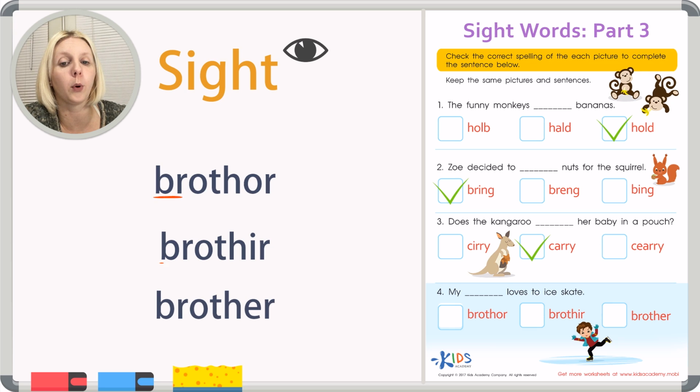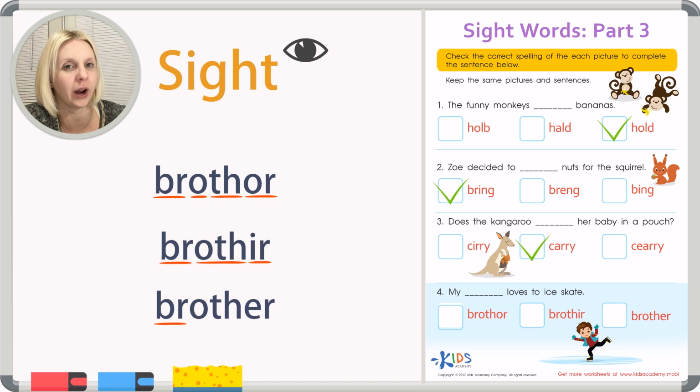Okay, so let's go through these. All of these have the brr sound at the beginning, BR, burr. And then in this one, this looks like other, or other, brother. Okay, this kind of looks like this might be right. Let's go on to the next one. Brothier.